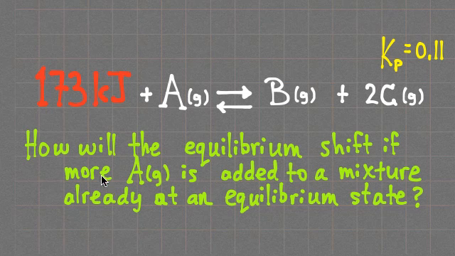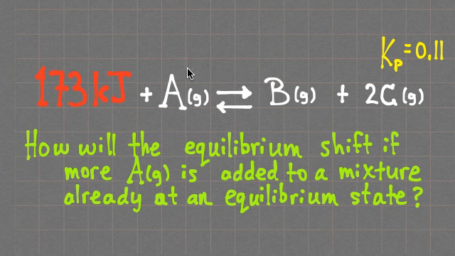If I add more of compound A to the mixture, here's the way I look at it. Everything's all nice and equilibrated. The rate of the forward and the rate of the backward reaction are the same, although it looks like I probably have a whole bunch more of this and a little bit of this, but it doesn't matter. If I add even more of this, I will unbalance the equilibrium and push Mother Nature one way or another.